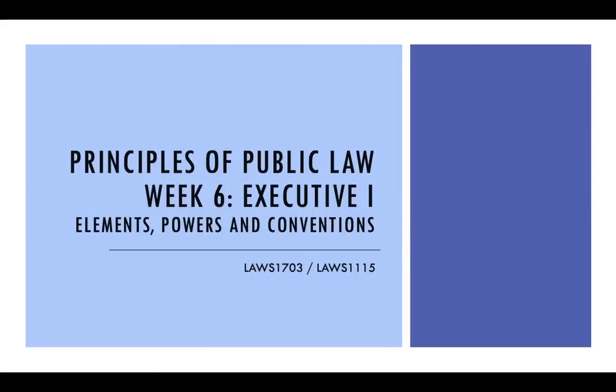A modern definition of the executive will encompass the idea that the executive is to govern the state according to its laws, to execute the laws of the state, and to form policies by which the state is to be governed. This is what we mean by the role of administration of the state.